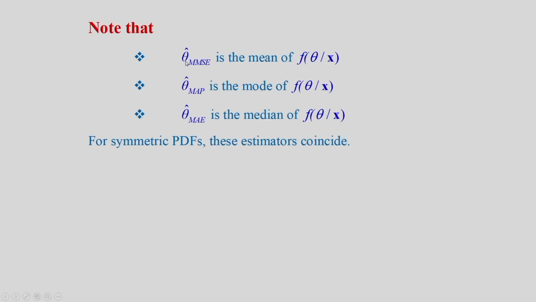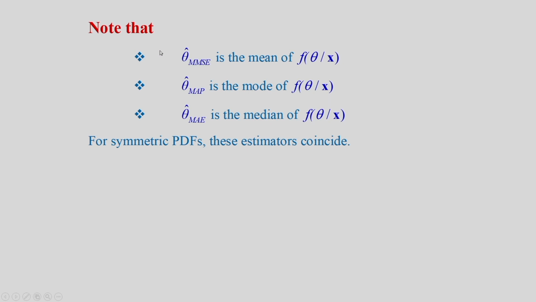Now, we know that theta hat MMSE is the conditional mean. It is the mean of f of theta given x. Theta hat MAP is the mode of f of theta given x, and finally theta hat MAE is the median of f of theta given x.